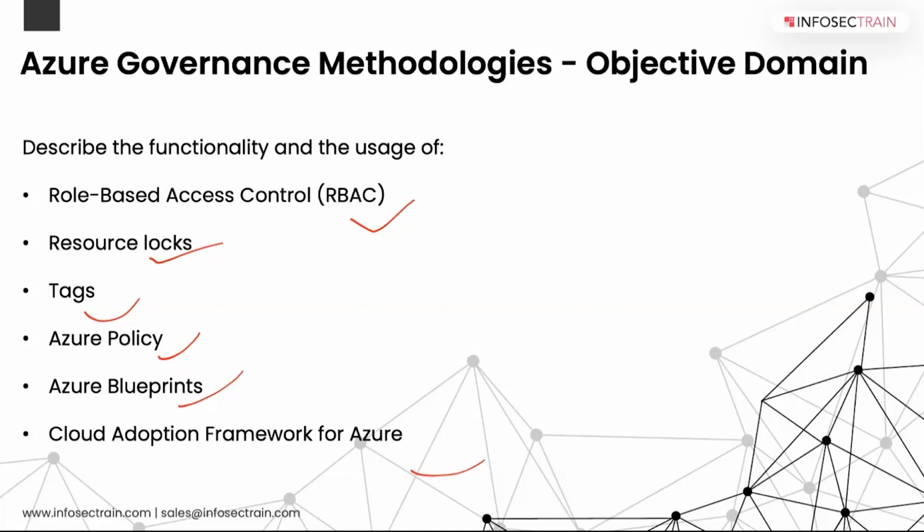And we will be using these features you are seeing in front of you: RBAC, resource locks, tags, policy, blueprints, these things to help you out, right? So we'll be starting with how role-based access control will be helping you out. Already we have seen its idea and how it should be applied, but yes, we'll be going ahead and talking about this whole thing.